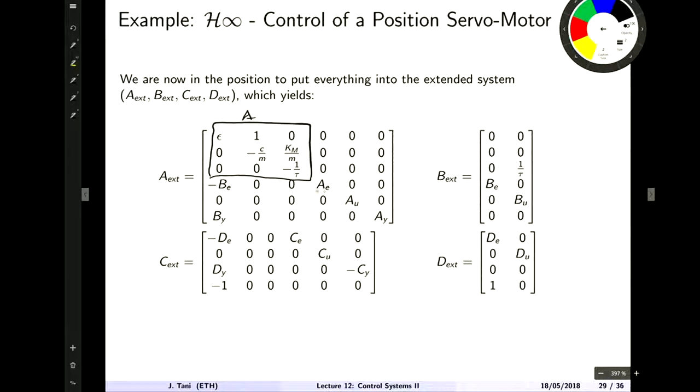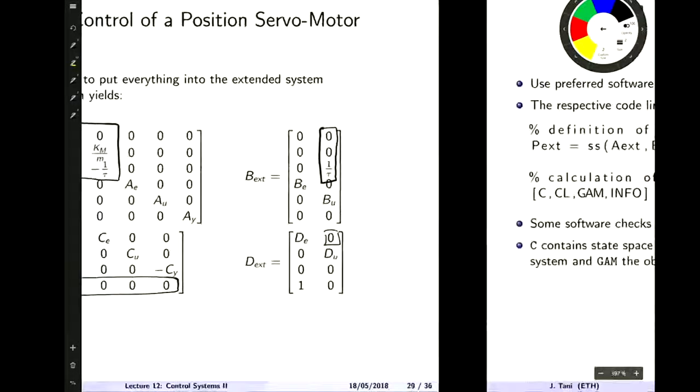And here we have AE, AU, AY. And here we have B. Here I think we have D. And here existing C, right? So we get an extended formulation.